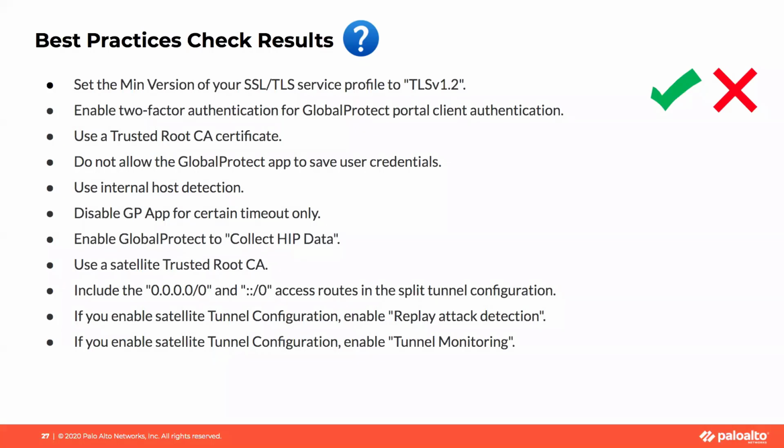Replay attack detection protects against unauthorized users maliciously retransmitting valid data, primarily from a user credential standpoint. And then tunnel monitoring. If a satellite location is unable to connect to a GlobalProtect gateway, you can enable the satellite to fail over to another gateway or wait for the tunnel to recover using a tunnel monitoring profile.